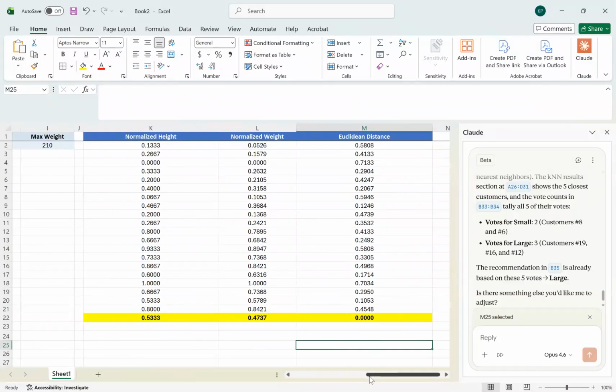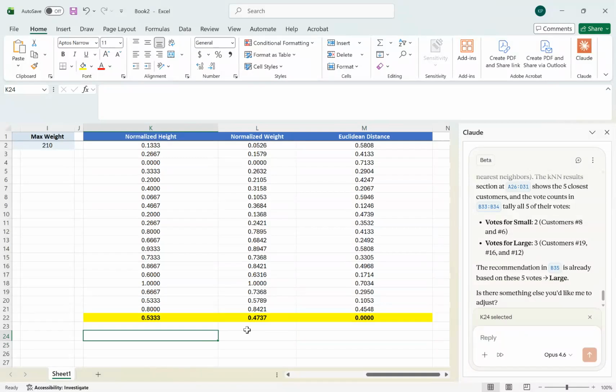Typically, we use an odd number for it because, if you go with four nearest neighbors, maybe two bought small size, two bought large size, it'll be hard to make a recommendation for our 21st customer, correct? So we typically go with an odd number, three or five or seven. But which odd number is the best, it's very hard to say.